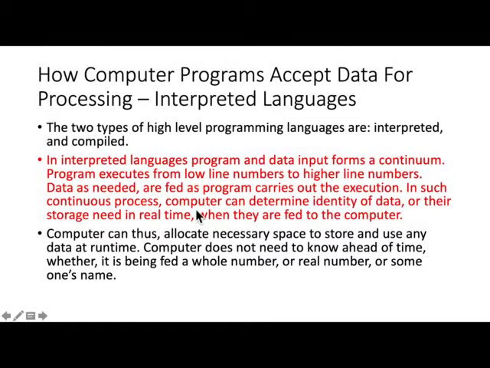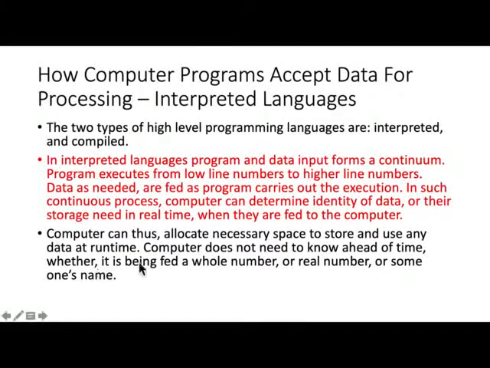In such a continuous process, the computer can determine the identity of the data or their storage need in real time when they're fed to the computer. So in a lot of interpreted languages, you don't need an actual data type because the operation is continuous, and as you feed the data to the computer, it can determine their identity at that time.